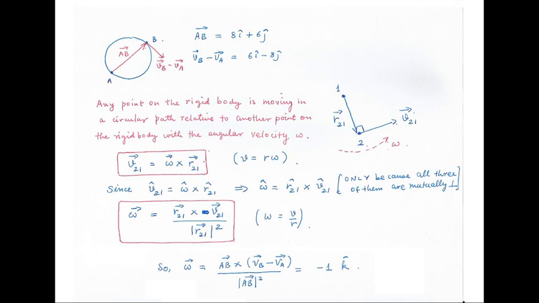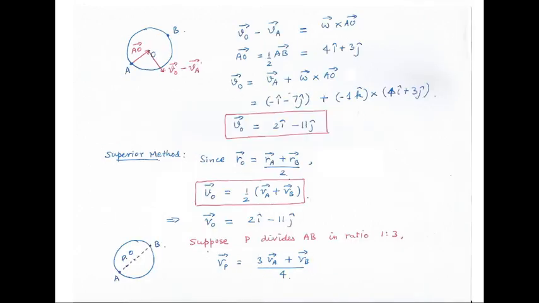So this is the concept that we use over here, that I already know the velocity of A. So if I find the relative velocity of O, velocity of O relative to A, VO minus VA, which is easily found from that result, omega cross AO, then I get VO.